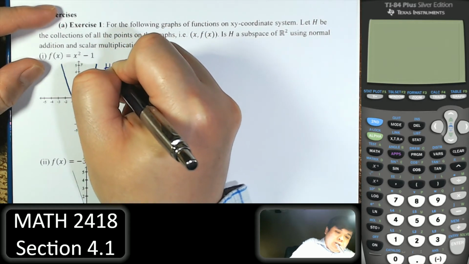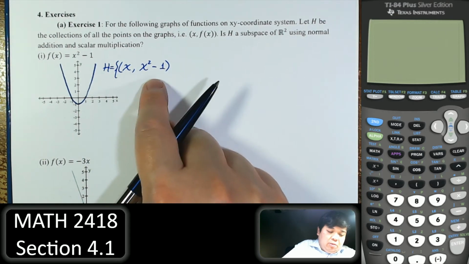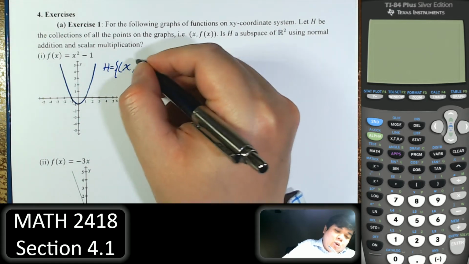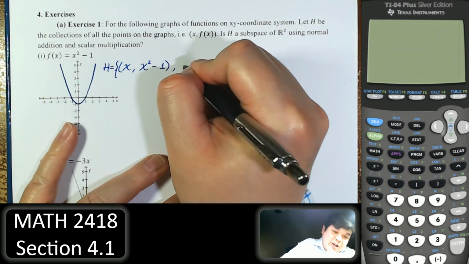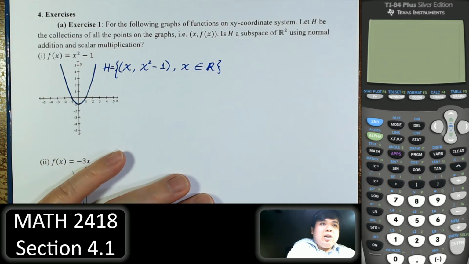So H will be the set of all vectors in this form, where x could be any real number. Right. So is H a subspace of R2?